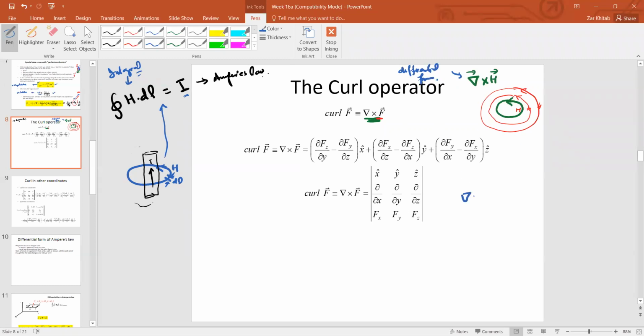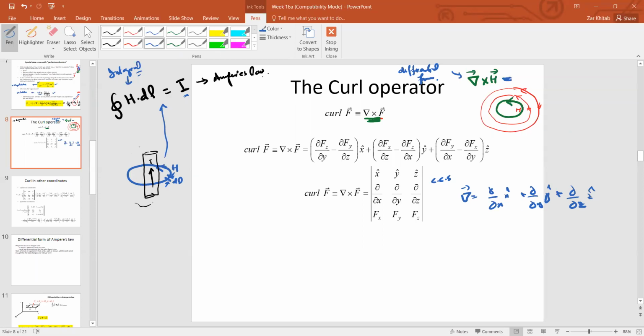Because you know that the del operator, you remember the del operator in the Cartesian coordinate system, is partial by partial x in the direction x plus partial by partial y in the direction y plus partial by partial z in the direction z. So the del operator is the space parameter, going to give you the space variations, the variation of something in space.